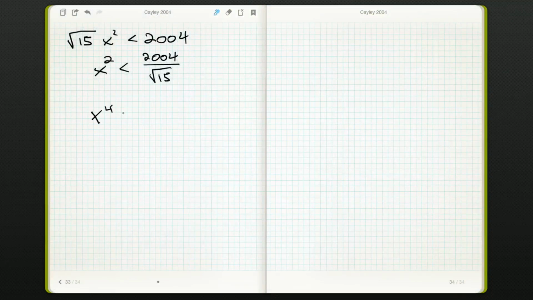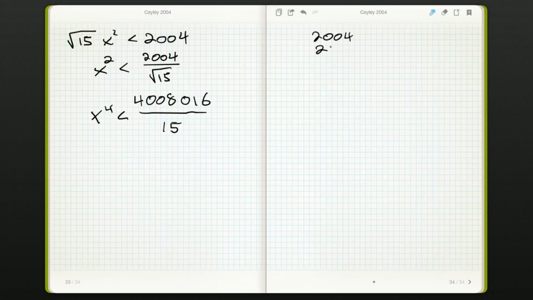So x to the 4 must be less than, and now I'm falling at the first hurdle because I don't think I can square 2004 really quickly in my head. Actually, 4,000, I think it should be this.